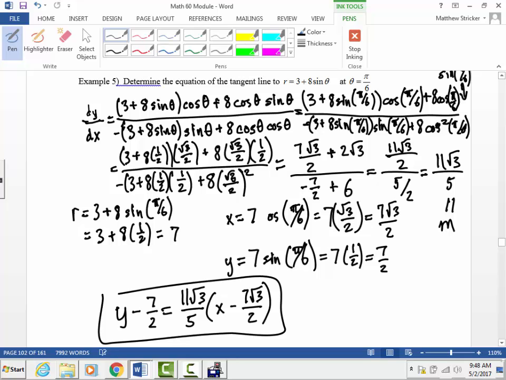I'm going to stop there. You could multiply it out and add the terms, but I don't think we need to spend time doing that. So you've got to find the point and you've got to find the slope. Okay? Questions?